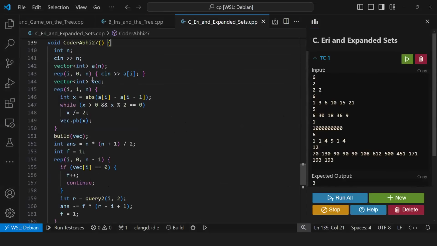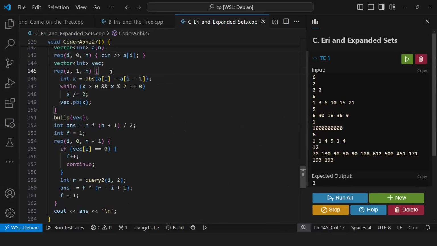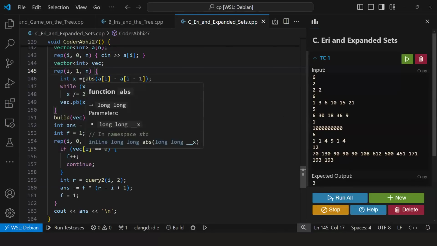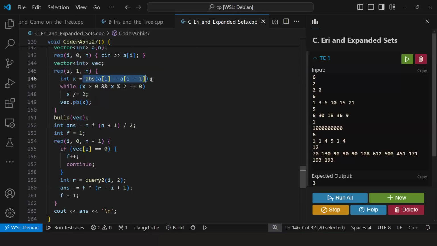So what I'm doing here is I took the input. After that, first thing, I converted my actual vector into an array having the differences, reduced by factors of two. For every consecutive pair, X is the difference between A[i] and A[i-1].